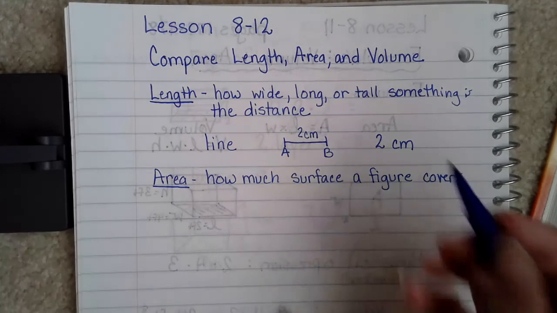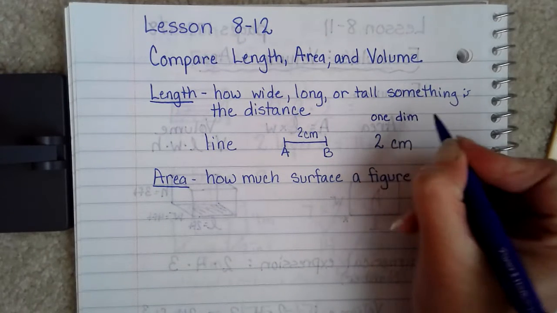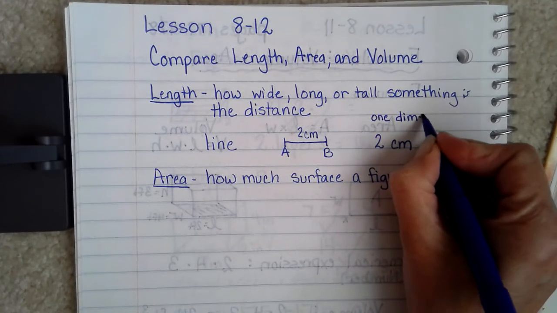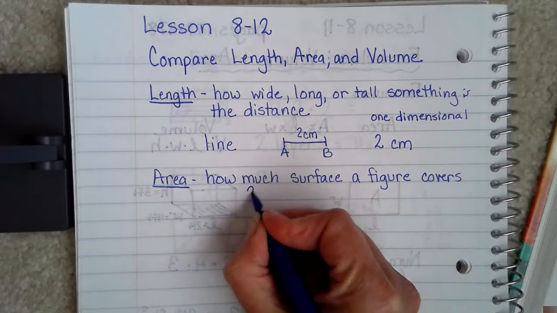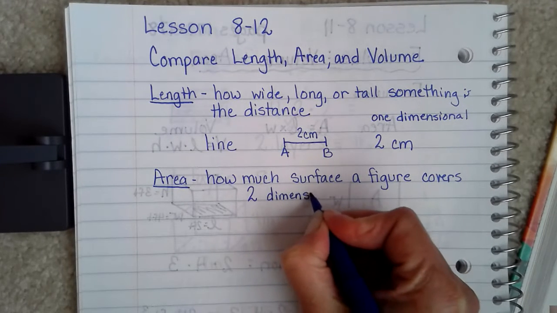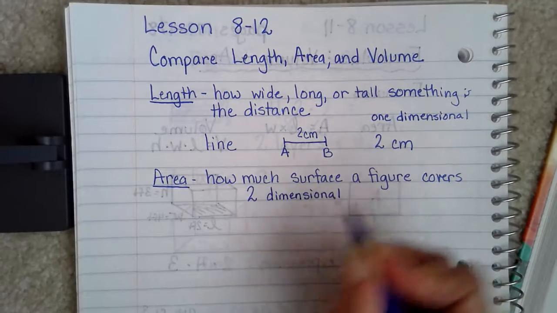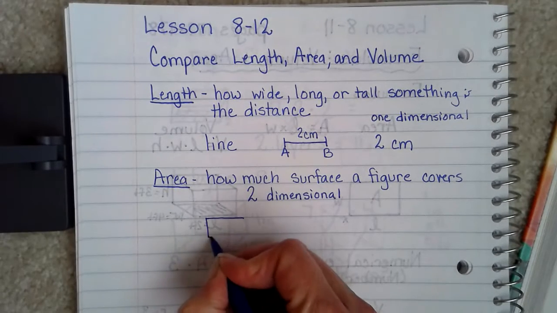So this one up here was 1 dimension. I'll add that in for a line. And this one is going to be 2-dimensional. So we're talking about more of like your rectangle kind of a shape.